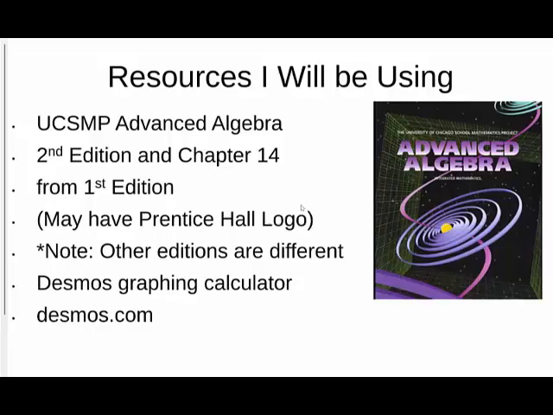The other editions are different. Not as bad as some other of the books in this series, but other editions are different. So look for this one if you're trying to get it. Again, 2nd edition. As far as the Chapter 14 stuff, I'll talk about that when we get there. That's a long time away. You'll know what to do about that.